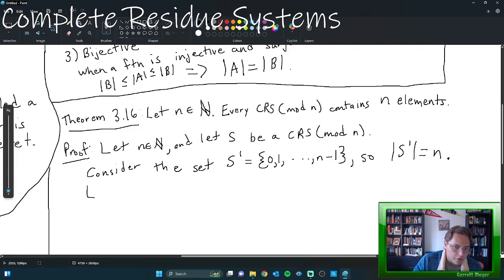So what we're going to do is define a function, because we need to prove that the cardinality of S equals n. We already know that the cardinality of S prime equals n, just because we can count its elements. So we need to prove that about S, and that's the goal of this proof. We're going to do it by showing that a bijective function exists between S and S prime.